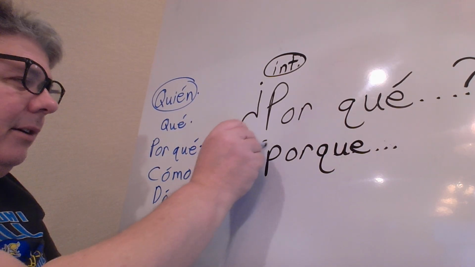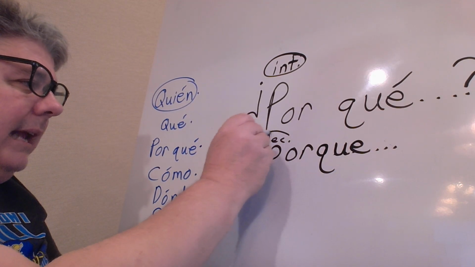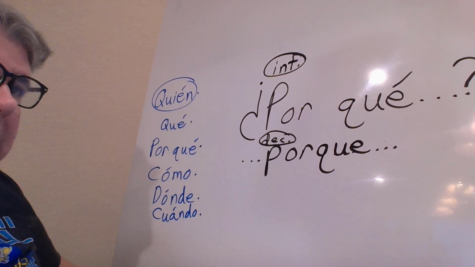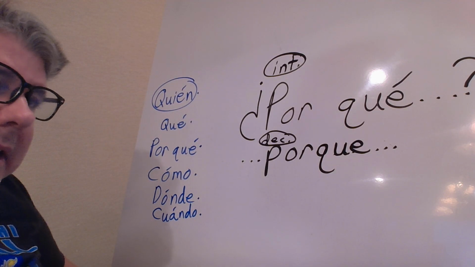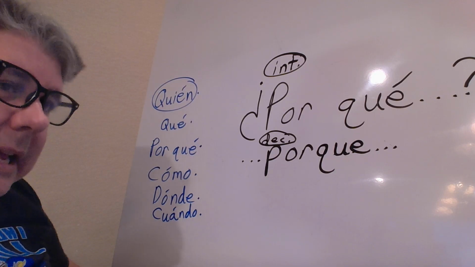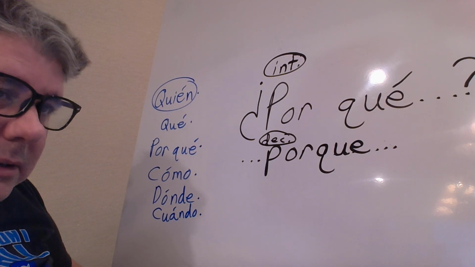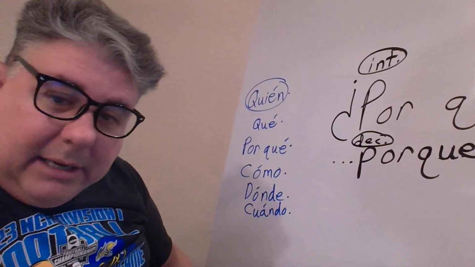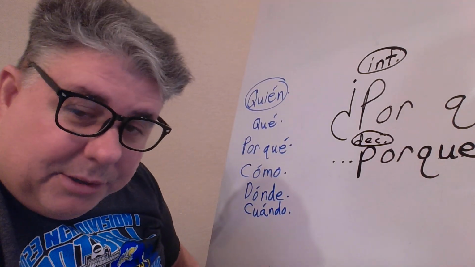So this is declarative. Porque means because. Like, yo fui a la tienda porque necesité jugo de naranja. So I went to the store or the market because I needed orange juice.